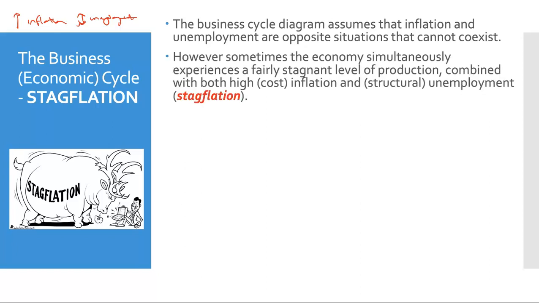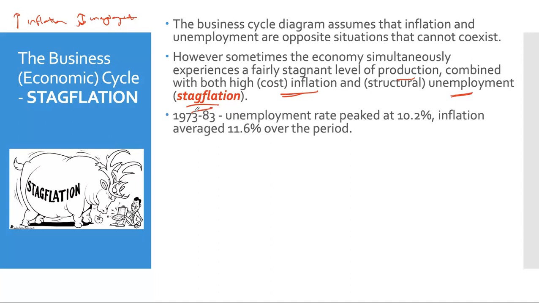However, sometimes the economy simultaneously experiences a stagnant level of production combined with high inflation and high unemployment. That is a bad thing because prices are rising and also we're having lots of people out of a job. And you can imagine what it's like for someone in the period of stagflation. If there's not much production, prices are going up, and there's lots of unemployment.